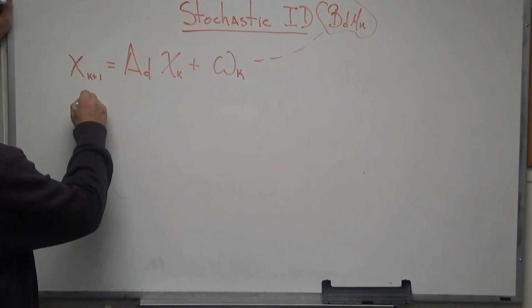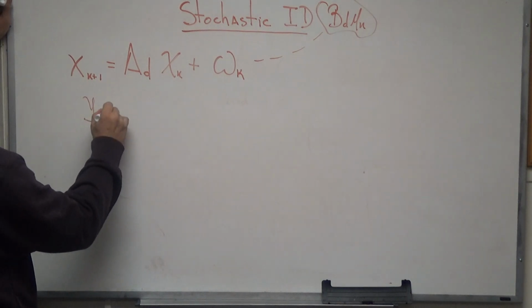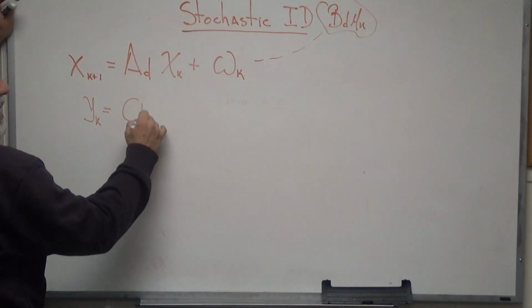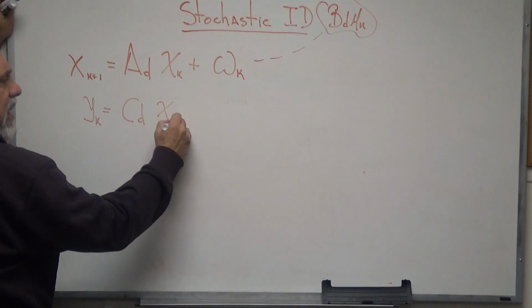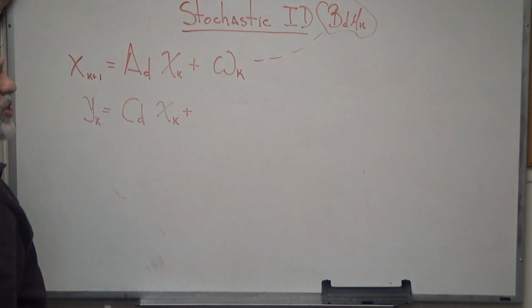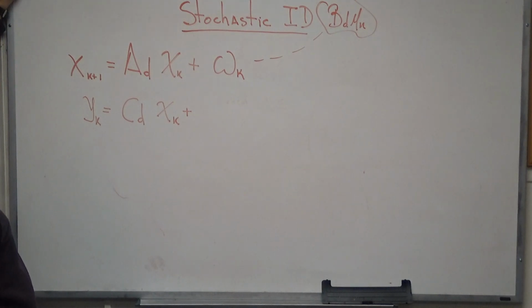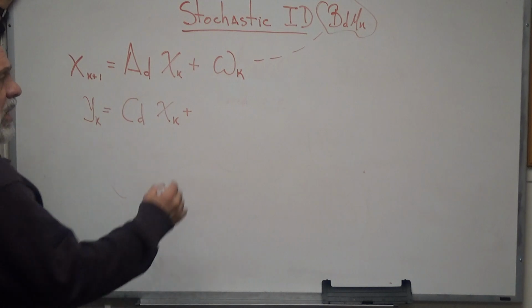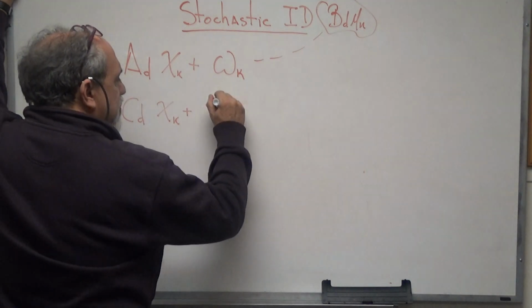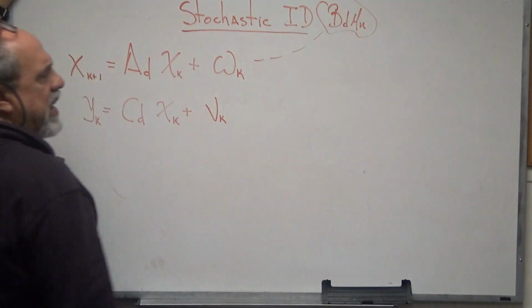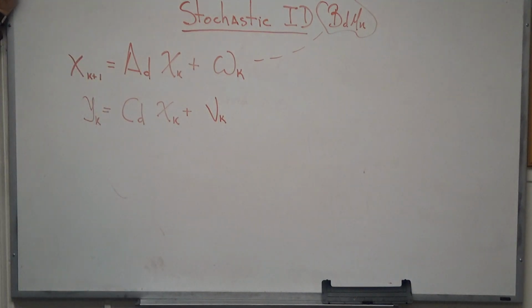Now, the output, y_k, is C_d x_k, and in general there could be a D times u_k. And in addition, maybe there is no D, but there's usually noise in the measurements, which we normally specify as v_k.